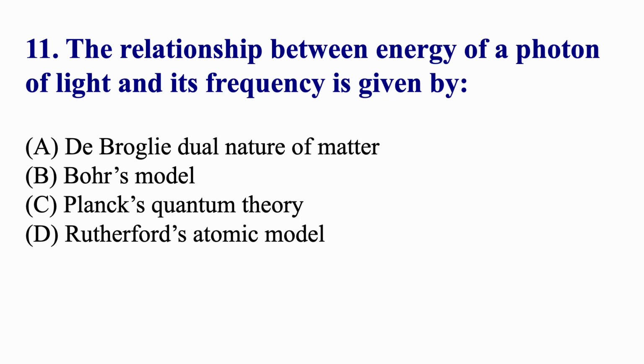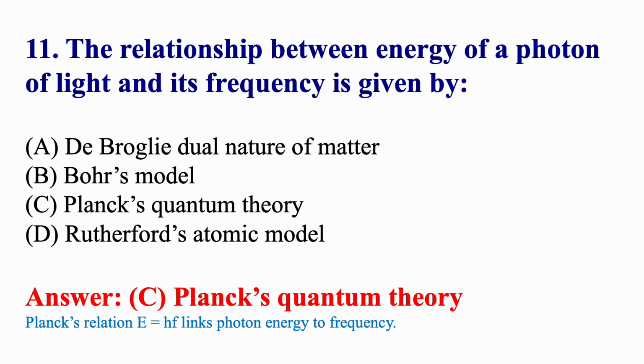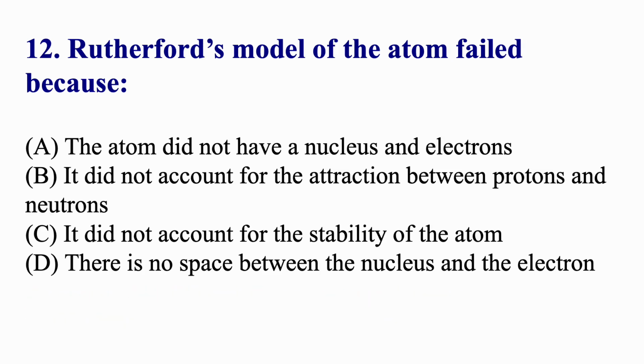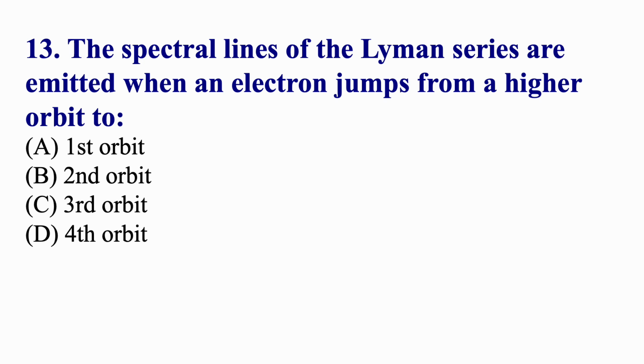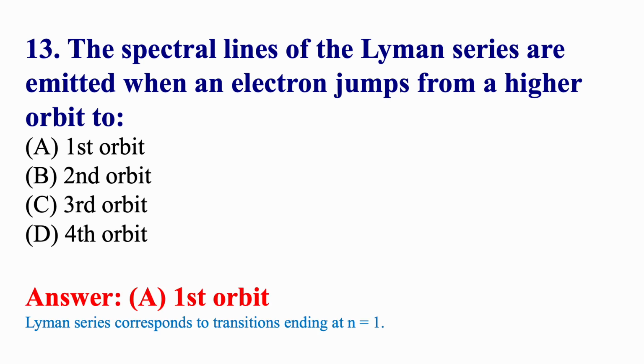The relationship between energy of a photon of light and its frequency is given by Planck's quantum theory. Rutherford's model of the atom failed because it did not account for the stability of the atom. The spectral lines of the Lyman series are emitted when the electron jumps from a higher orbit to first orbit.